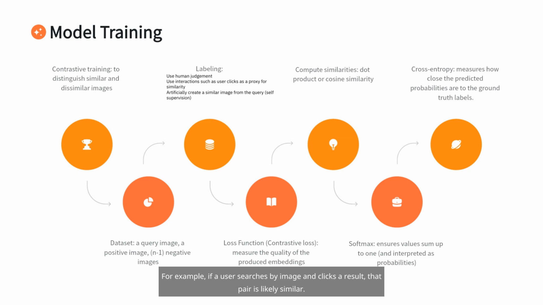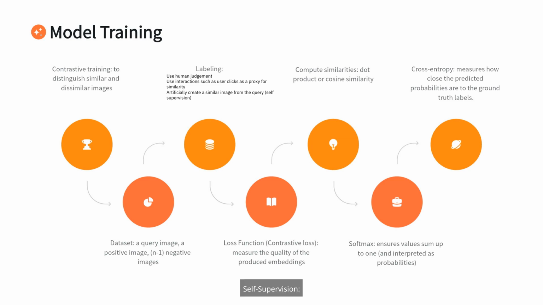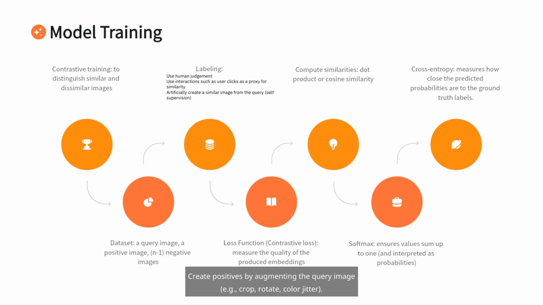For example, if a user searches by image and clicks a result, that pair is likely similar. Self-supervision. Create positives by augmenting the query image, e.g., crop, rotate, color jitter. Common in SimCLR, MoCo, BYOL style setups. Scalable and doesn't require labeling. These different methods can be mixed for better coverage and robustness.